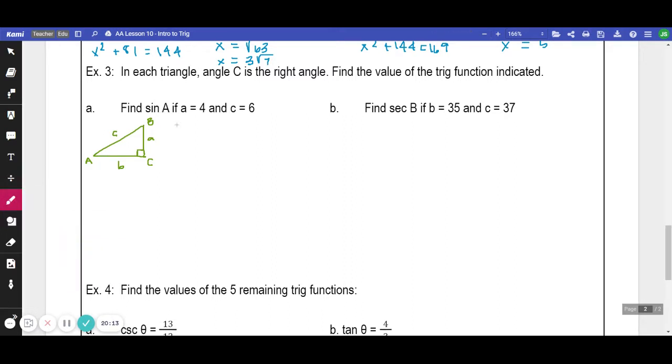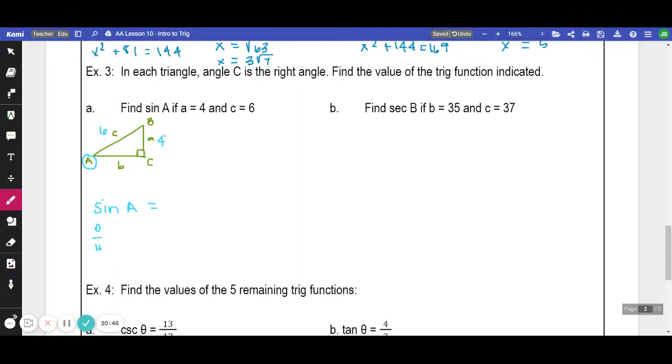We're trying to find sine of A. So this is my angle that I care about, right? Last time we used a theta inside, but I told you could use the letter too. Side A is 4 and side C is 6. So sine of angle A. And if you either think about the acronym SOHCAHTOA, or scroll back up, sine is the opposite side divided by the hypotenuse.